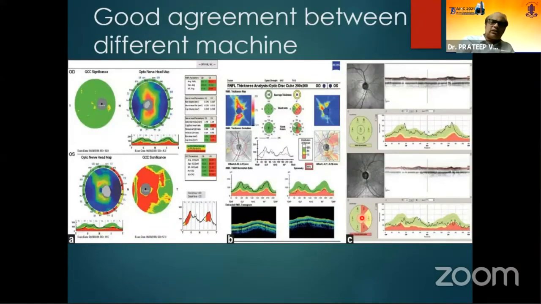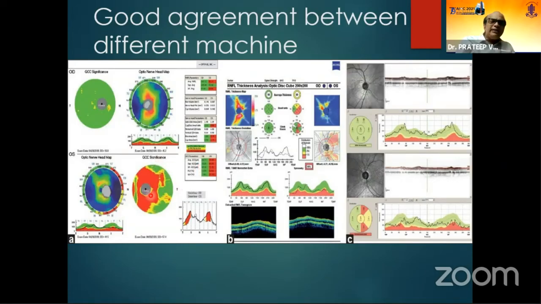So there are various imaging machines available, OCT. The other imaging like the GDx and the HRT are out, and manufacturers have stopped manufacturing them. So we have only one type of machine available, and all the different machines have a complete agreement. Their RNFL values might be different, but the ultimate outcome is the same.